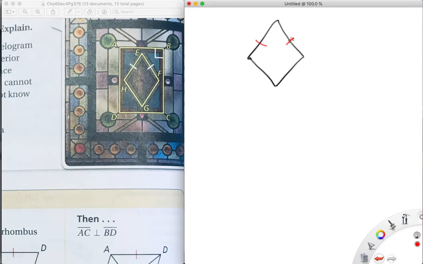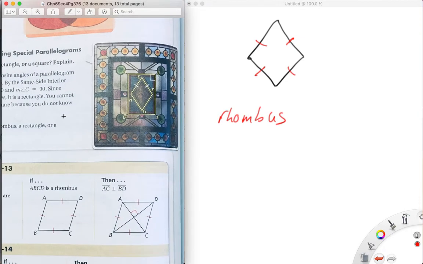So if this side is that length, then the opposite side has to be congruent. And if this is that length, then that guy has to be congruent. So now I know that all four sides are congruent. And a parallelogram where all four sides are congruent is a rhombus. So this is a rhombus. Well done question.